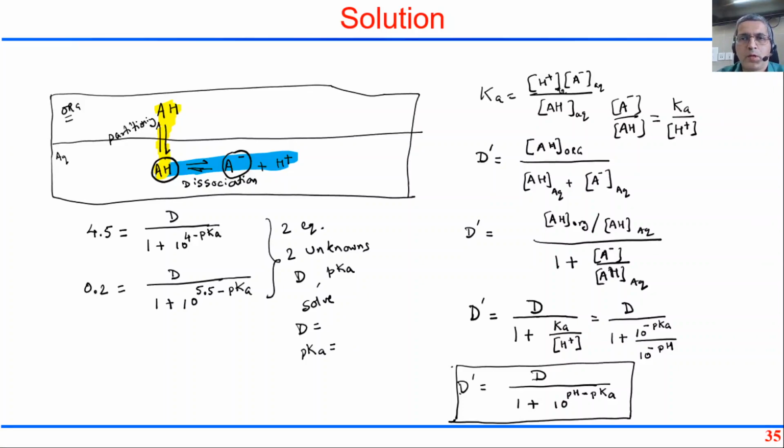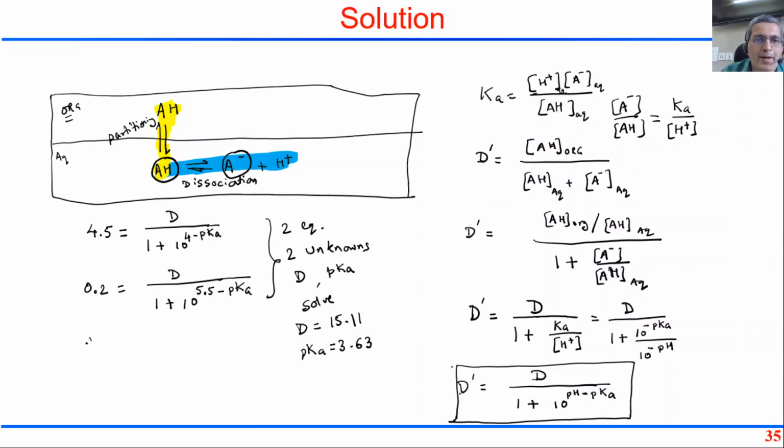Let's just go forward. Everybody would be able to solve, I'm sure. So D, if you solve, I just have the answer. D would be 15.1 and pKa would be 3.6, 3.63 almost.